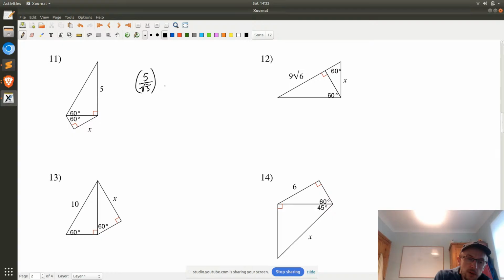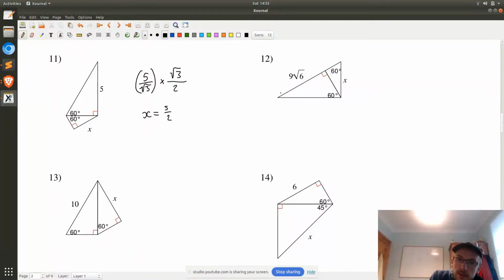Then I would have to divide that by 2 and times that by root 3. That would be the calculation involved. And thus, x would be 5 over 2, I believe, but I don't know yet.